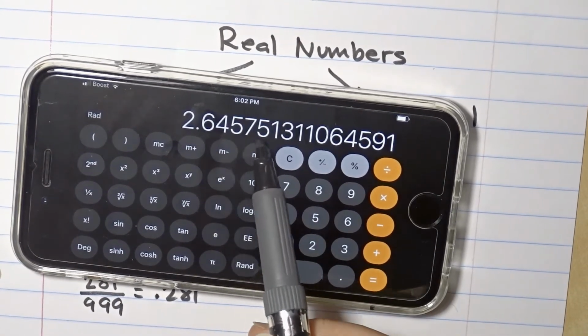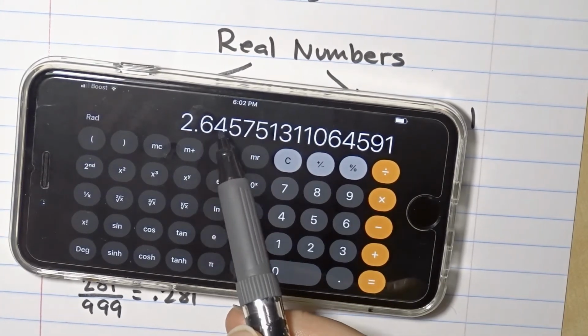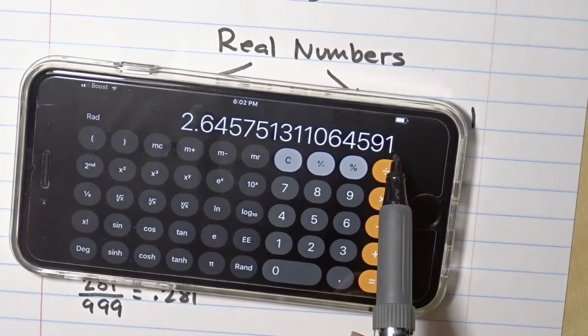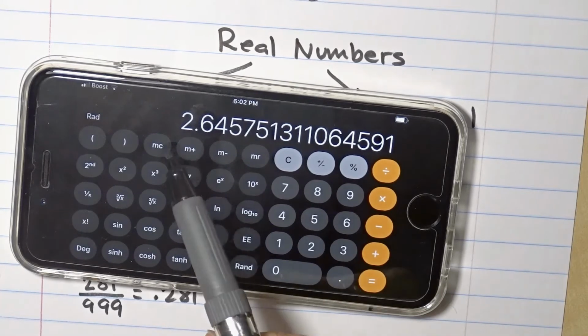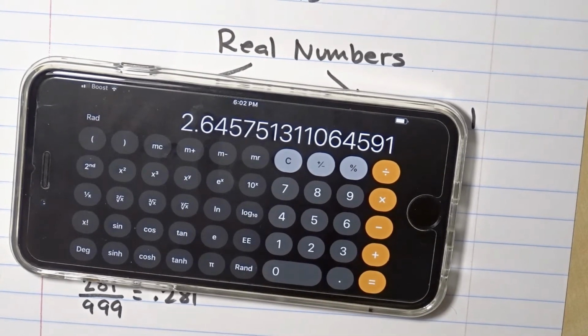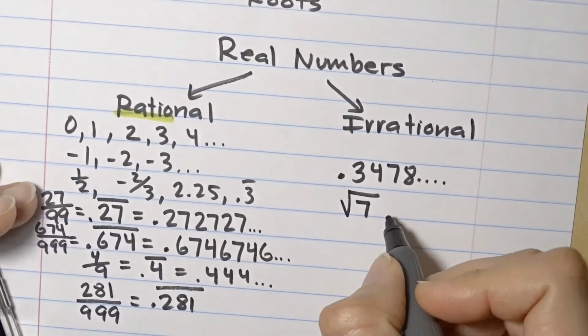Now if you look at this number here, there is not a pattern. 645751311064591. I don't know what comes after that 1. And believe it or not, this can take up an entire computer screen and never have a repeating pattern of any kind. So that is an irrational number.